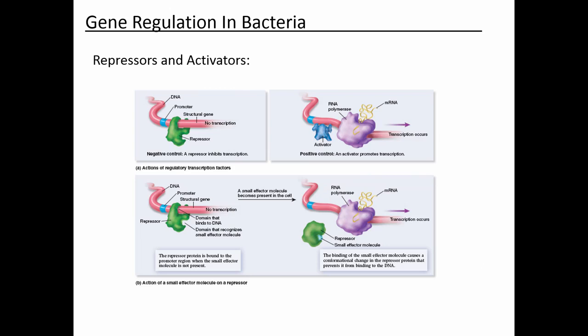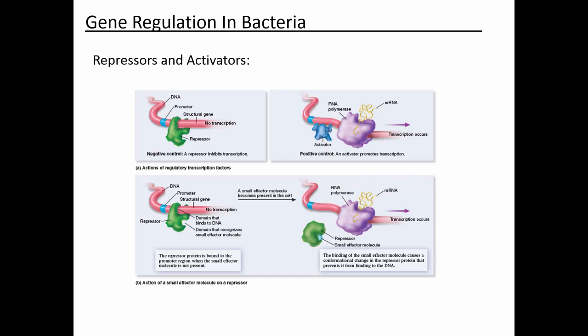They both exert their effect by binding to DNA. A repressor is a protein that binds to DNA and inhibits transcription or decreases the rate of transcription. An activator is a protein that binds to DNA and increases the rate of transcription or allows transcription to take place.